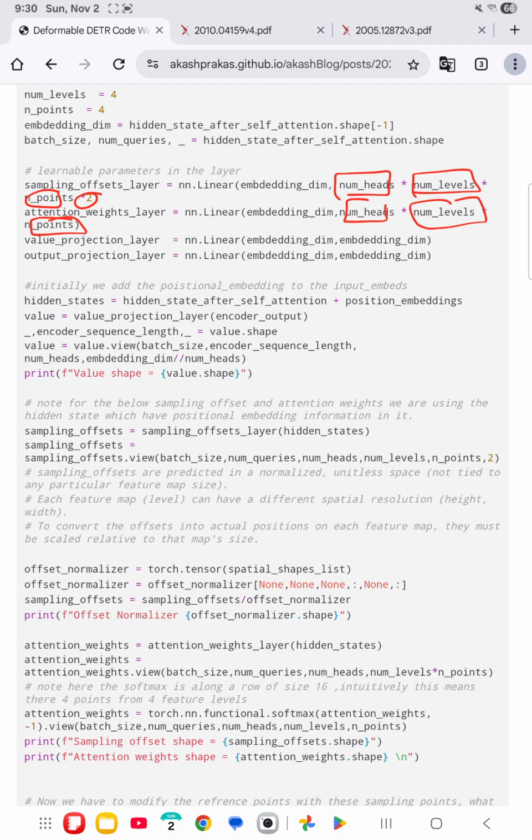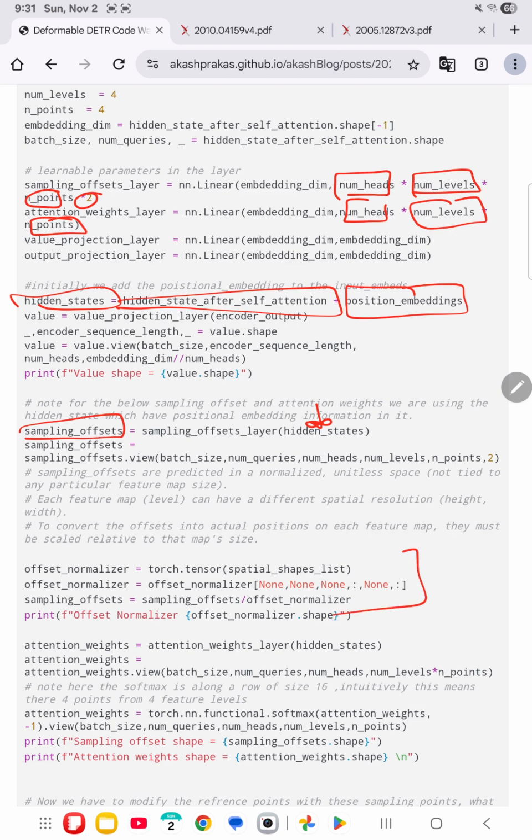This sampling layer takes the hidden dimension, which is the previous self attention output added to the positional embedding, and produces the corresponding sampling offsets. We also have to normalize the sampling offsets, like divide by the corresponding feature map size, to be in the same dimension as the others.